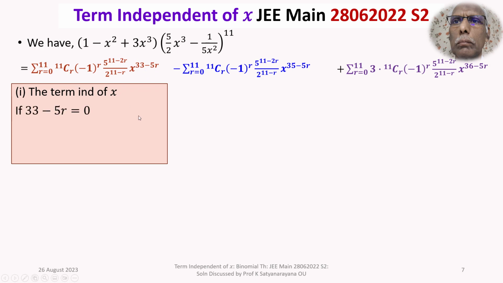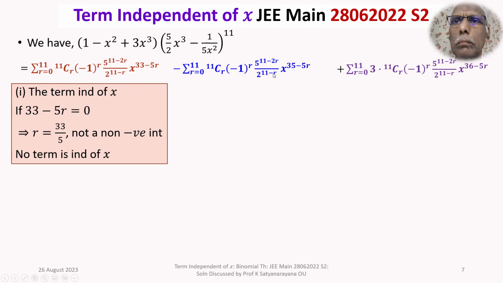If that is the case, this implies r = 33/5, which is not a non-negative integer. r should be 0 or a positive integer, but it is a fraction. So therefore, no term is independent of x in the first summation. No contribution from this.